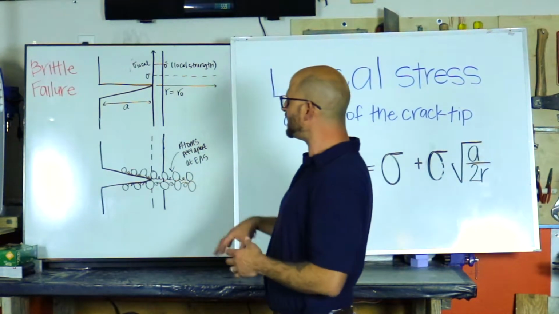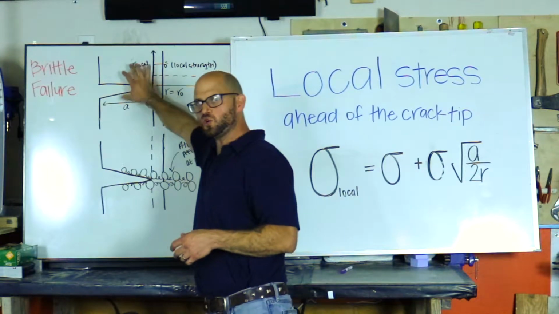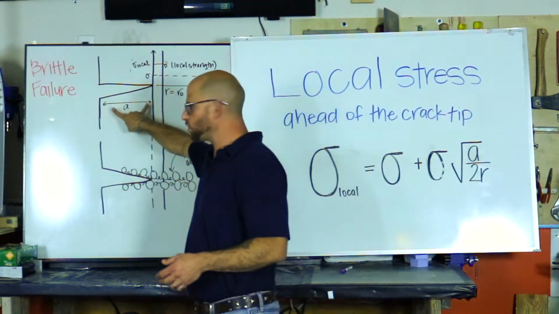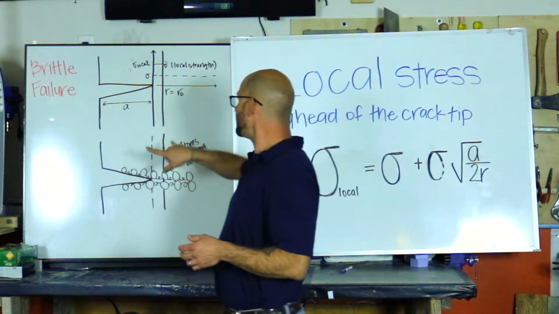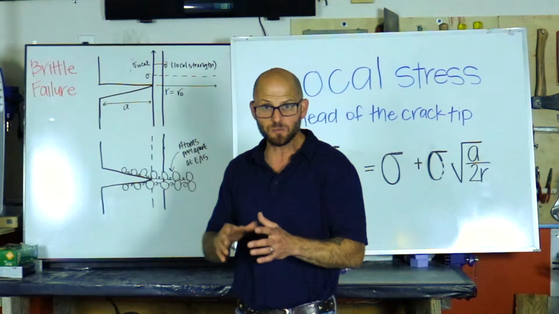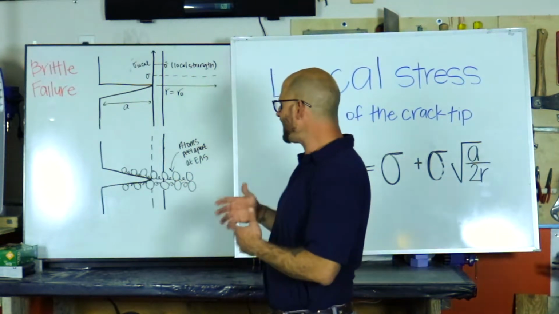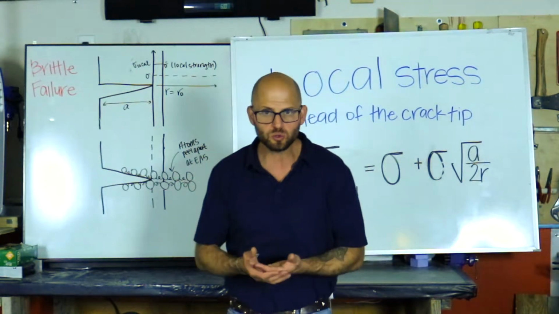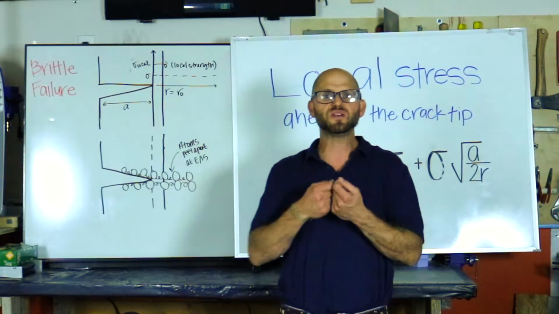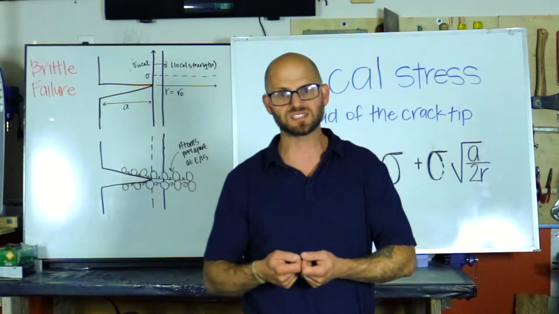And when we look at a crack, and this is a rudimentary representation of a crack, we have our crack length A and our distance in front of the crack tip R, and that is all used to determine the local strength. And as it turns out, ceramics have very high yield stress or strength.